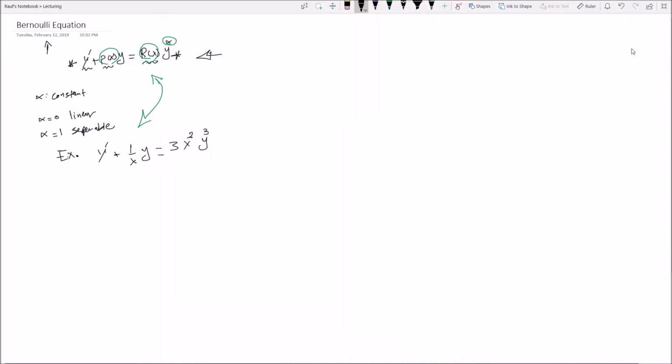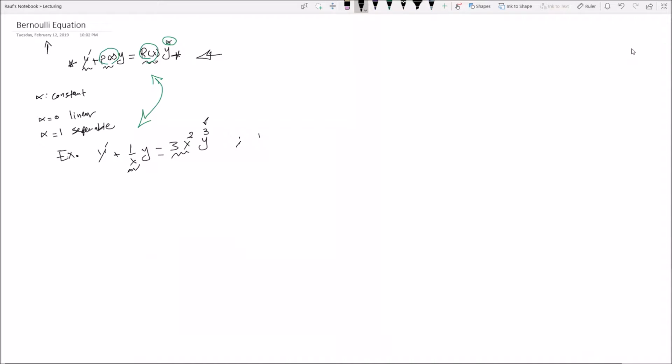In this case, 1 over x represents the p of x, and 3x squared represents the r of x, and alpha, which is the power of y on the right hand side of the equation, is 3.